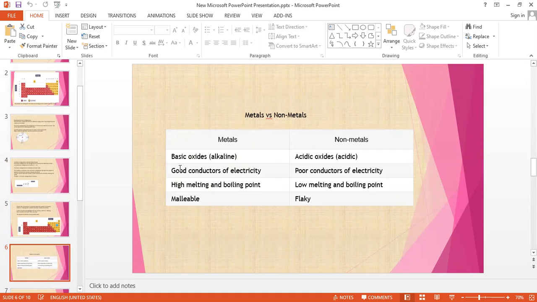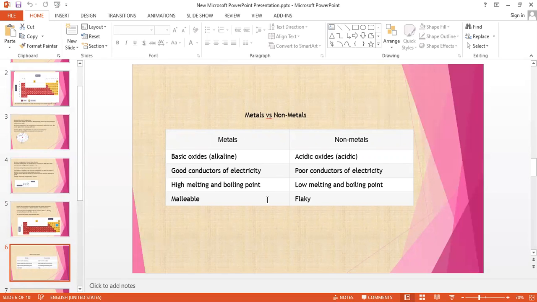So metals form basic oxides, that means alkaline. The group 1 elements are known as the alkali elements. Acidic oxides are formed by non-metal elements. Metals are good conductors of electricity, and poor conductors of electricity is the non-metal.